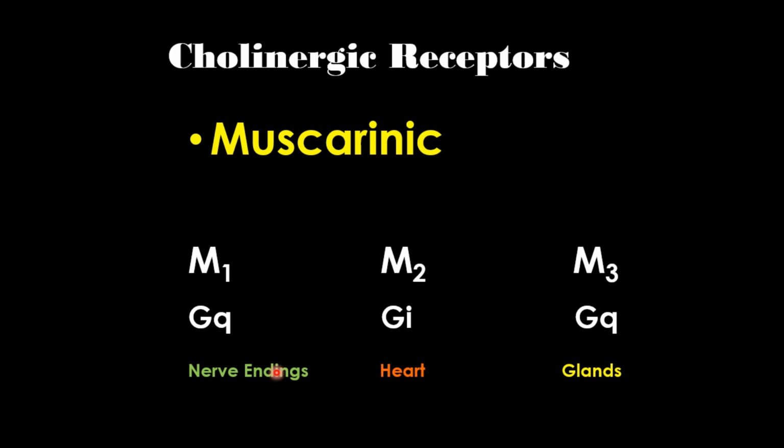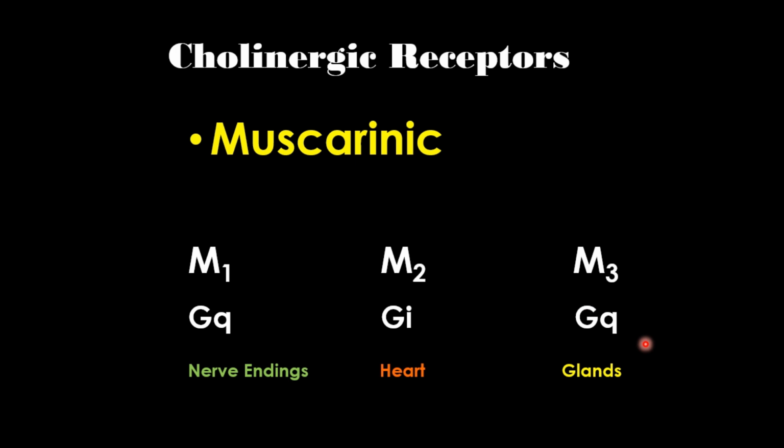Another important organ is the heart, which we have discussed: the M2 receptors are present at the SA node and the AV node, and they decrease the heart rate. And in the lungs we have M3 type receptors, and also in the secretory glands.